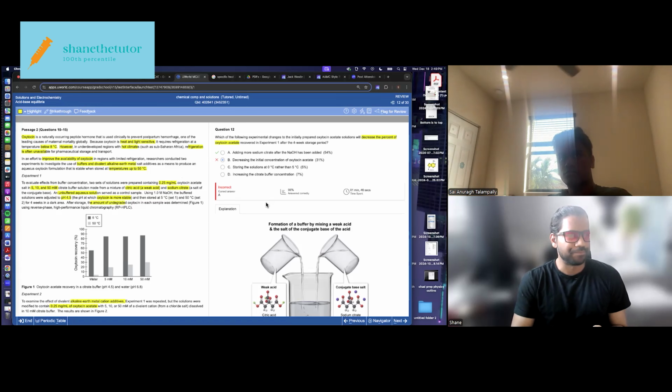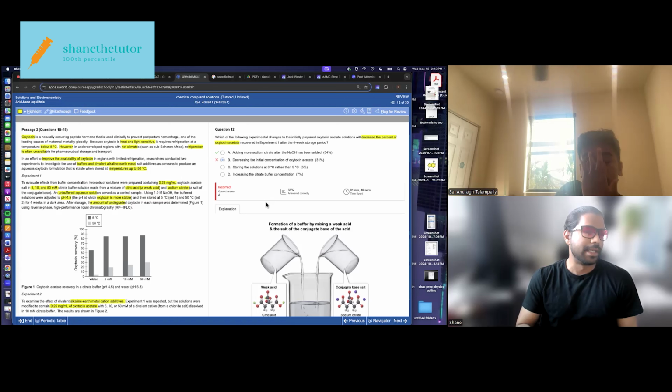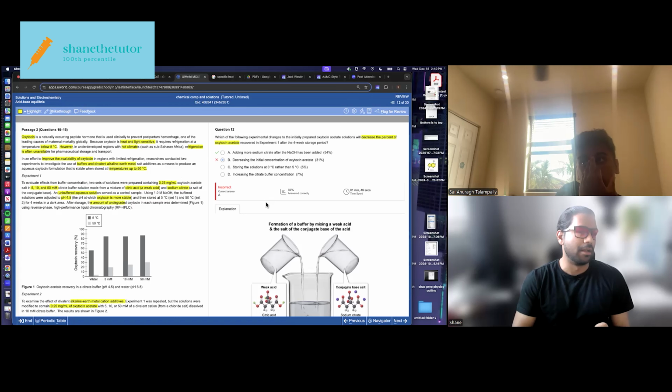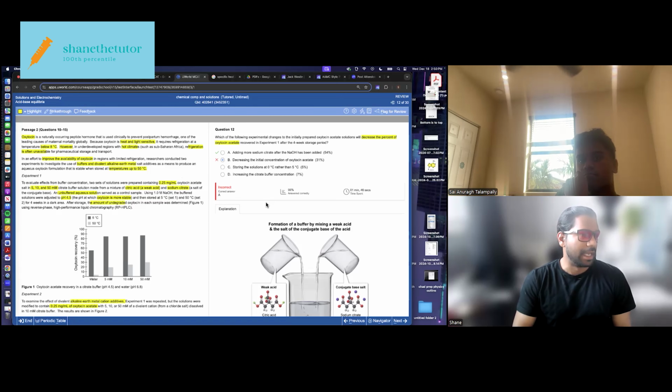Experiment 1: to evaluate the effects of the buffer concentration, 2 sets of solutions were prepared containing 0.25 milligrams per ml oxytocin acetate salt in 5, 10, and 50 millimolar citrate buffer solution made from a mixture of citric acid, a weak acid, and sodium citrate, a salt of the conjugate base. An unbuffered aqueous solution served as a control sample using 1 molar sodium hydroxide.